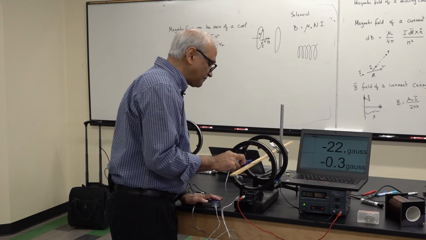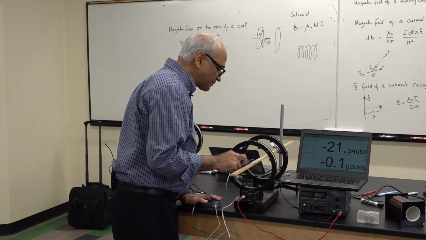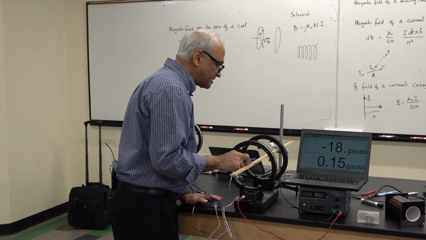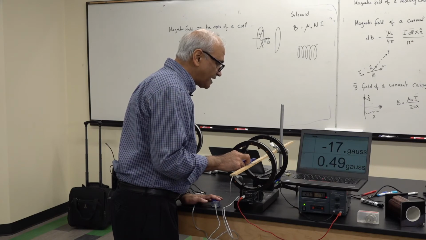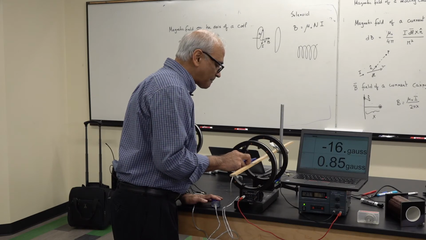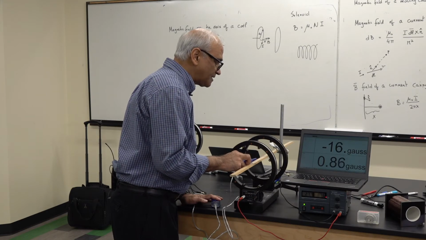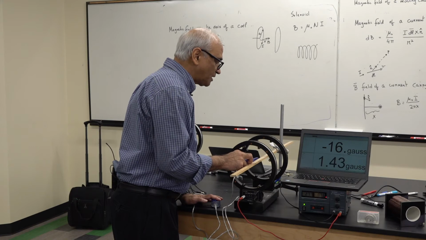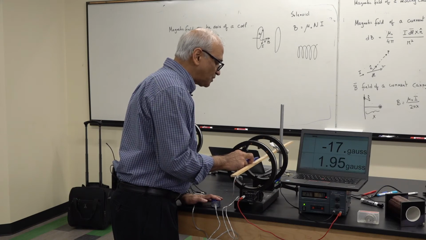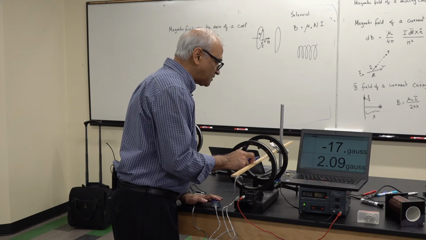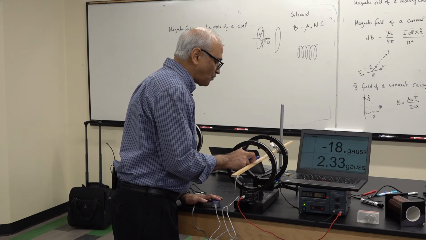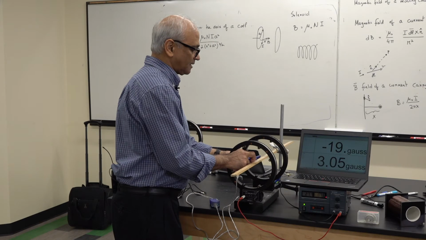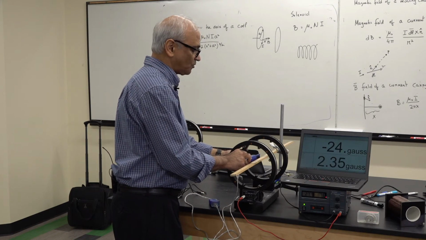I'm going to give you, after 35, a number of points. 35 is 20. 36 is 19. 37 is 18. 38 is 17. 39 is 16. 40 is 16. 41 is 16. 42 is 17. 43 is 17. 44 is 18. 45 is 20. And then 50 is 24.